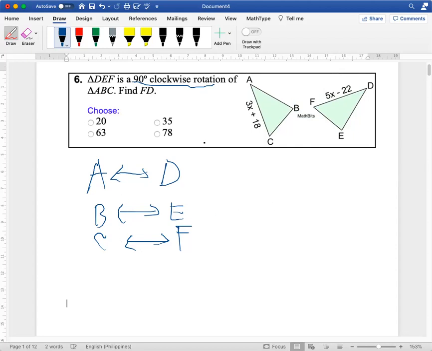Since we already identified the corresponding parts, we know that triangle ABC is congruent to triangle DEF.